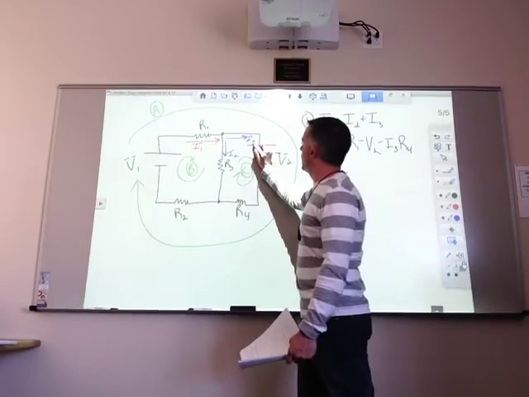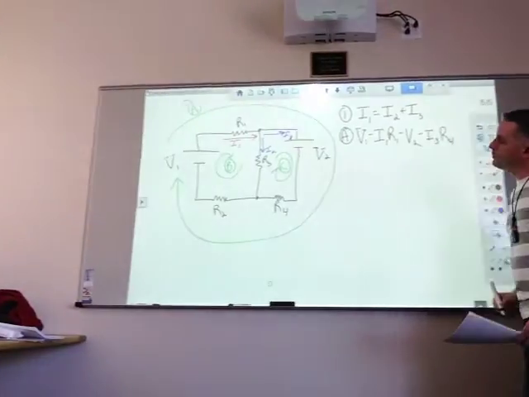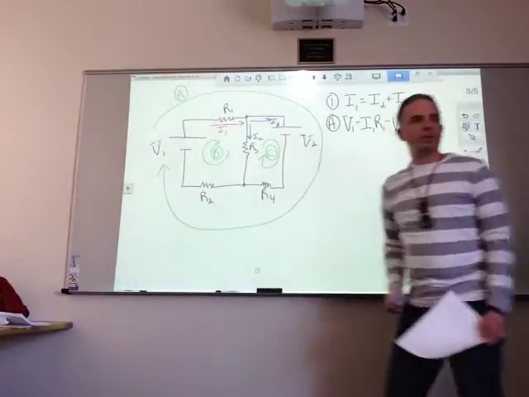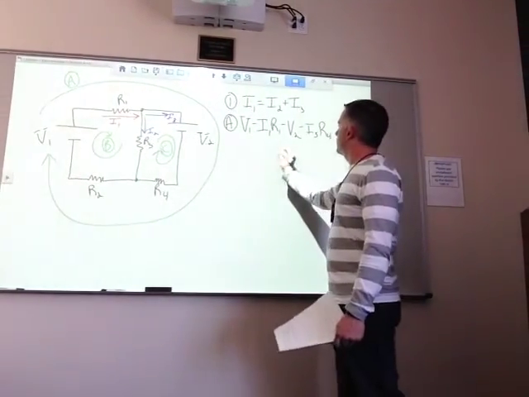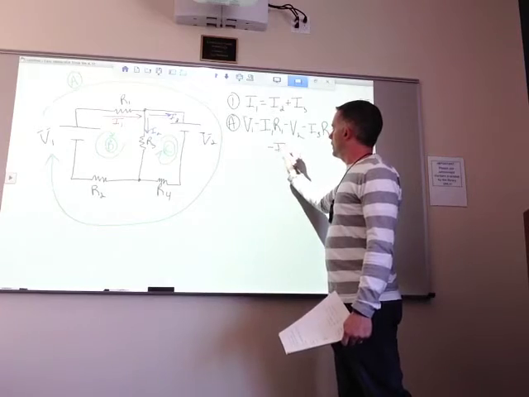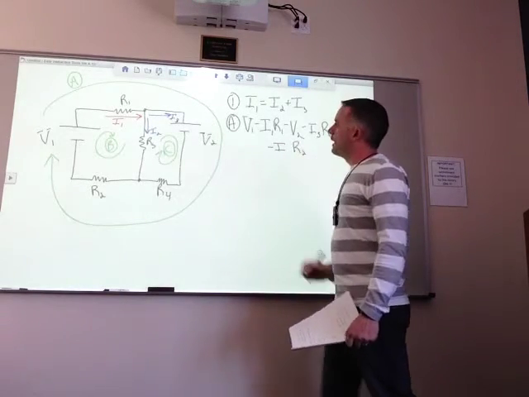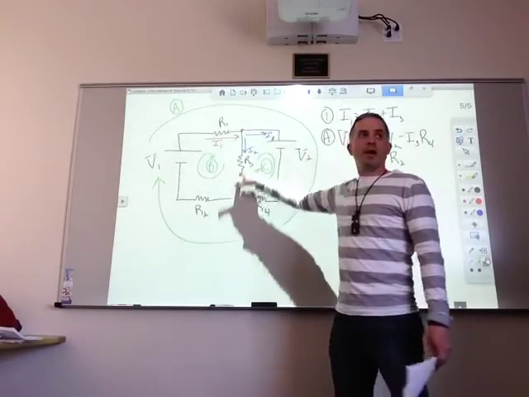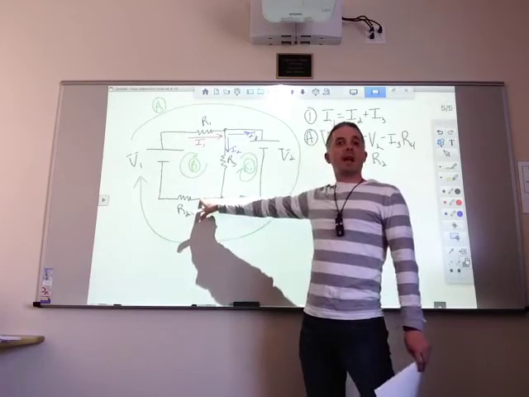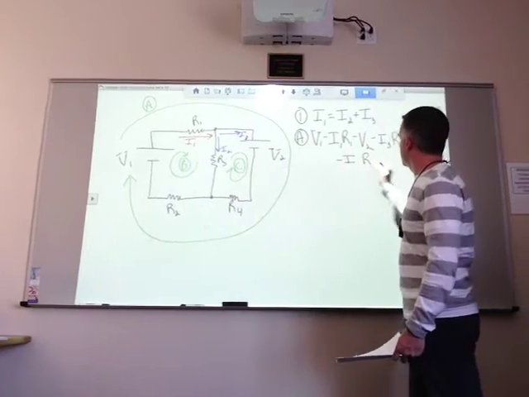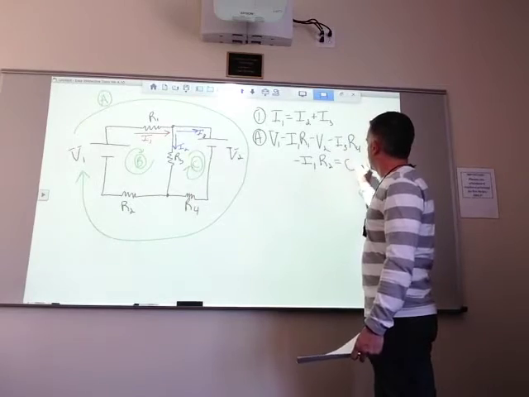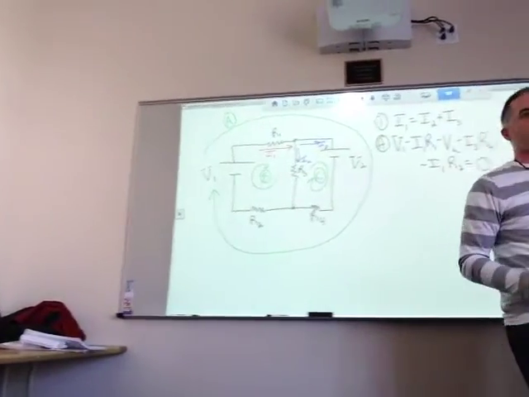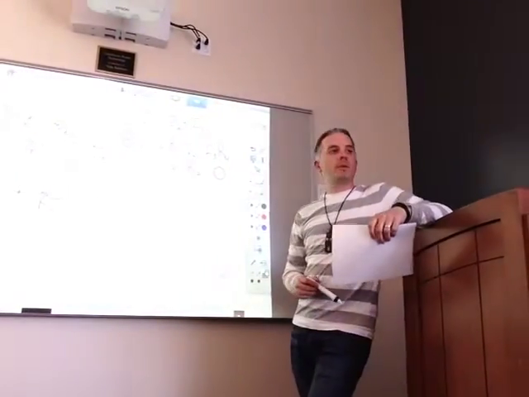I didn't write it right; that should be an I3. Then we come through here and we get to R2. What would that be? It's I1, remember, because I2 and I3 come back and meet here, and it gets back to I1. And when we get back here, we're at 0, so all that is equal to 0.